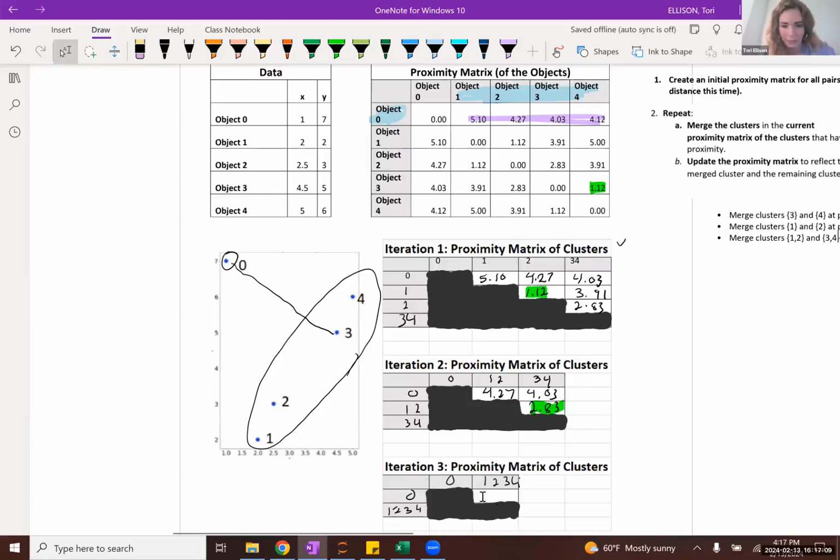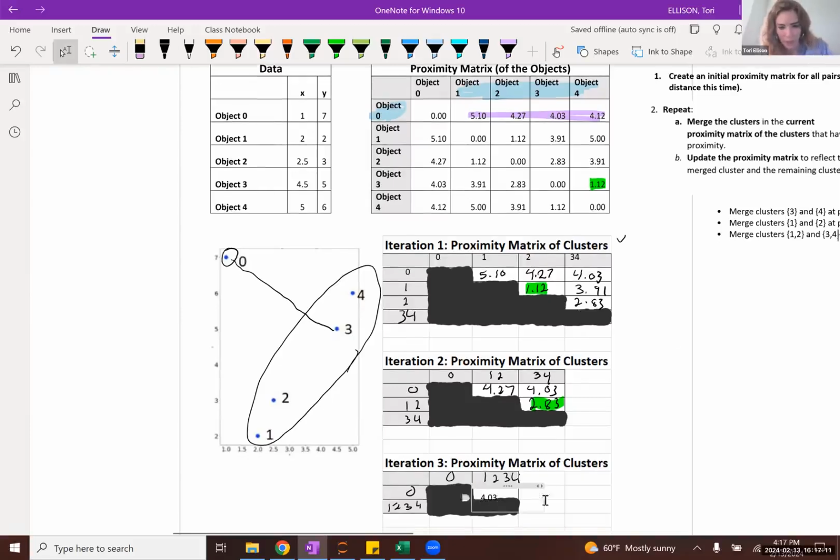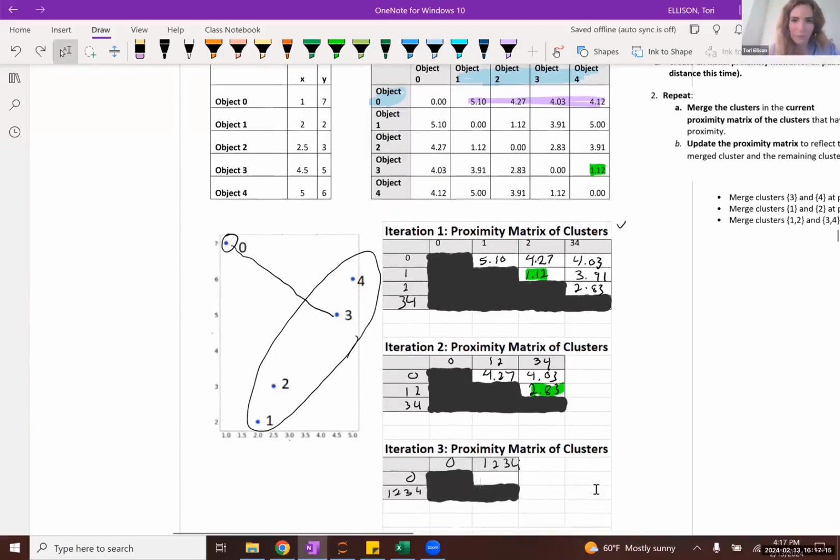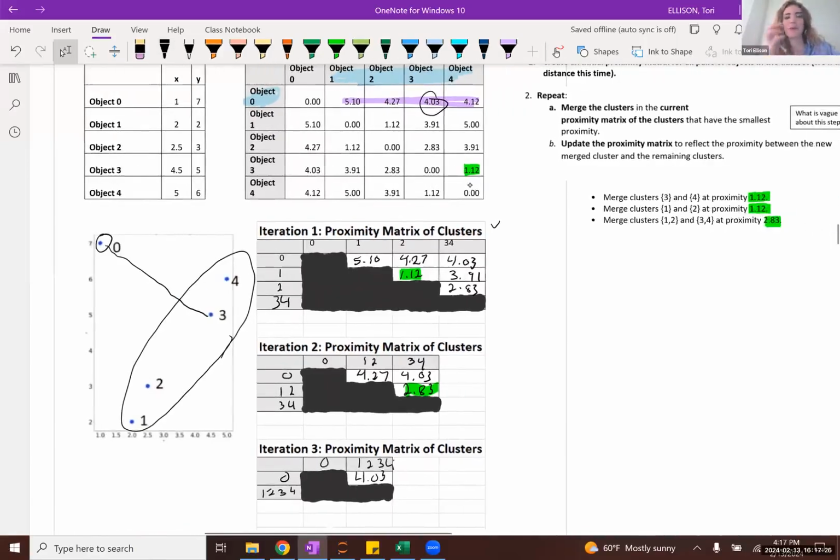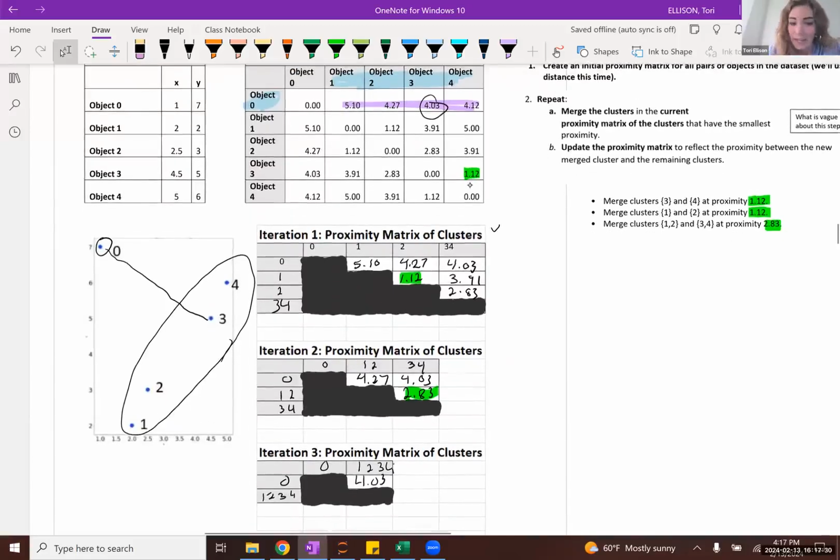So therefore, the distance between those two clusters is 4.03. Okay. So that concludes the second to last iteration of the algorithm.